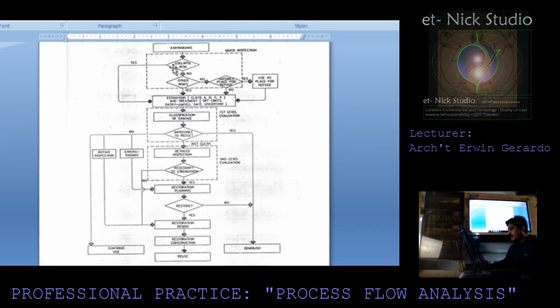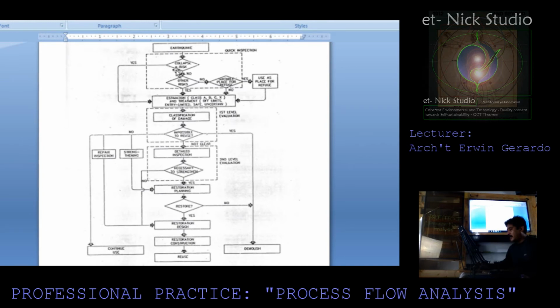If it is yes, then it goes through another process or undertaking: estimation and treatment. So entry is also limited for safety purposes.